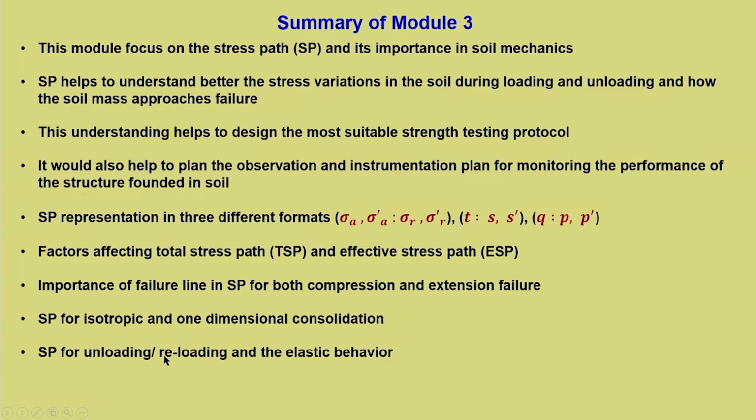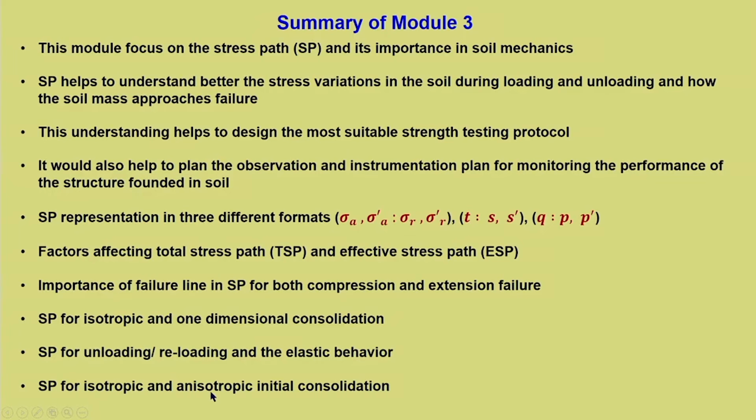Stress path for unloading and reloading and the associated elastic behavior, because we are talking about the over consolidated state when we actually say it is unloaded. So, reloading also follows the elastic behavior. Stress path for isotropic and anisotropic initial consolidation.